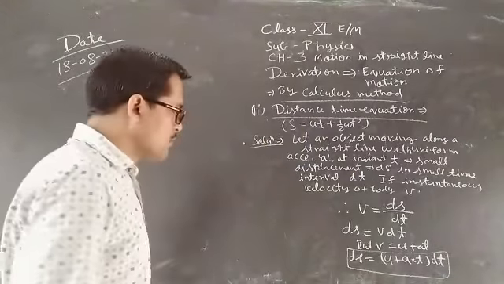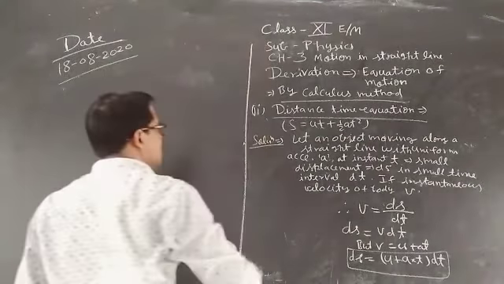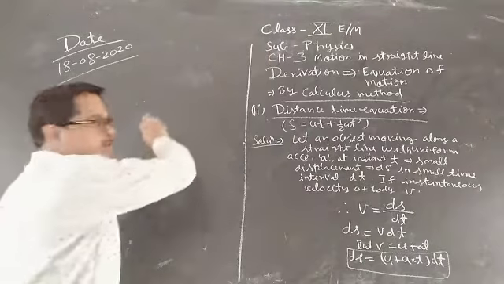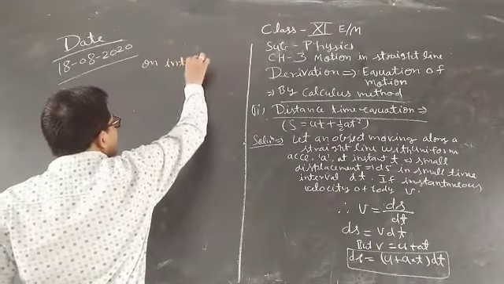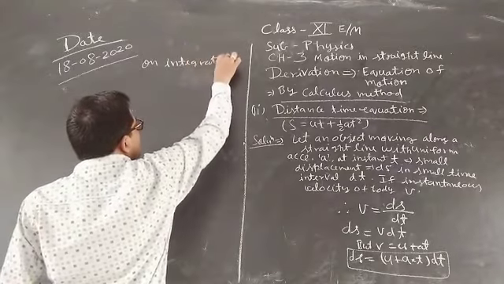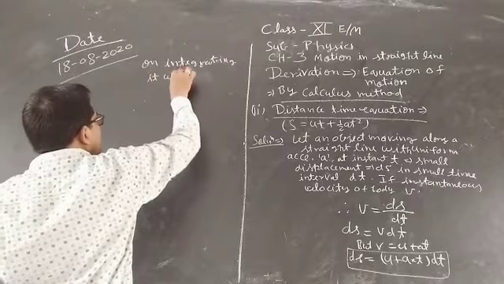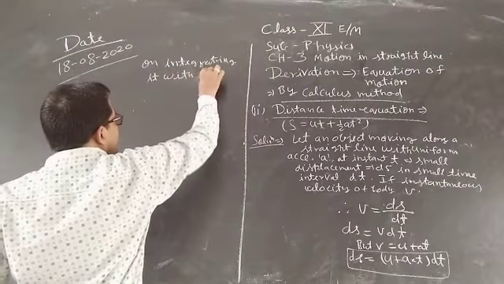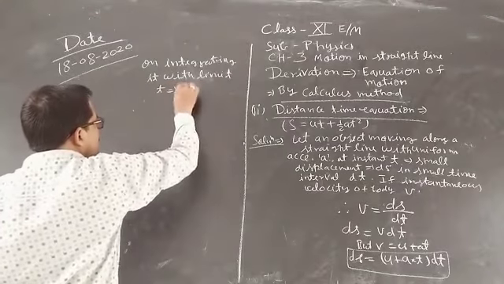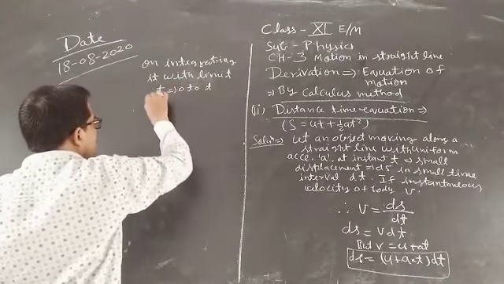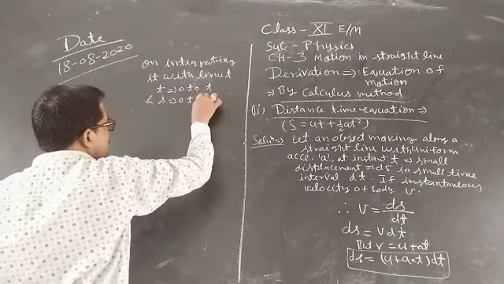Students, now we will integrate it. On integrating, with the limits t equals 0 to t and s equals 0 to s.